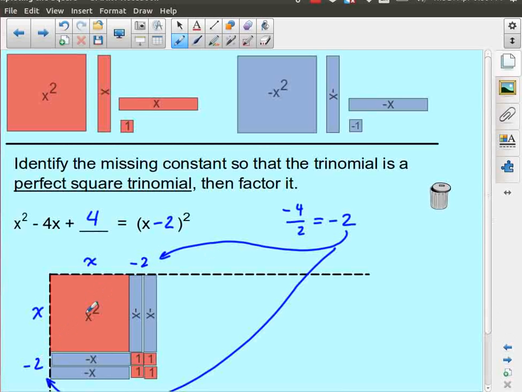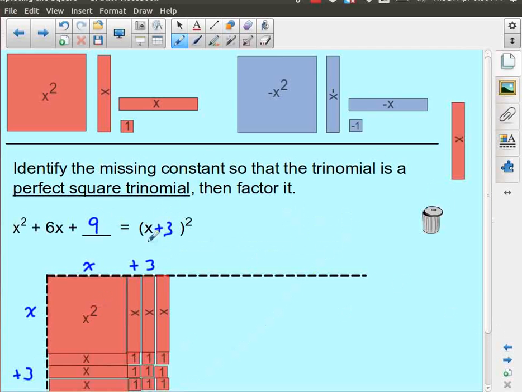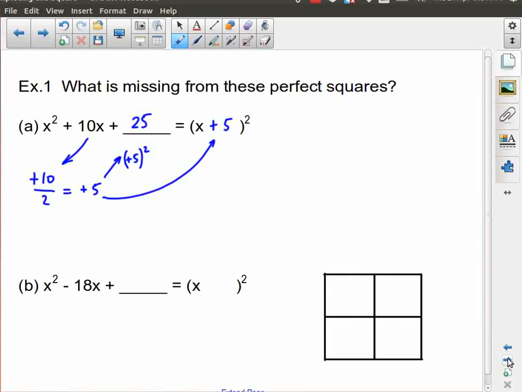What is negative 2 all squared? Positive 4. If we look at this one, positive 3 squared is 9. So we've got this pattern. We take this term and we divide by 2. And then the result of that goes into the perfect square bracket. And if you wanted to write it outside in the expanded form, you would square it and put it there.